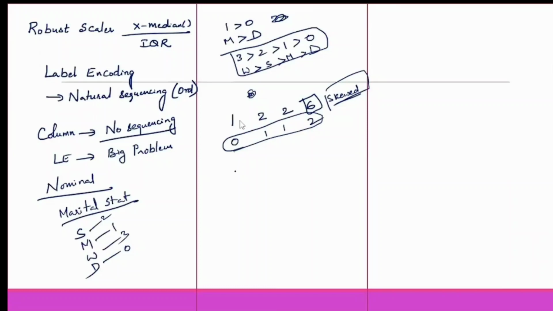So wherever there is a kind of order in the values, and they are also represented in the same order, and there is a meaning to the greater than or the less than associated with it, then you can very well go ahead with the label encoder. I hope you're able to get the point.